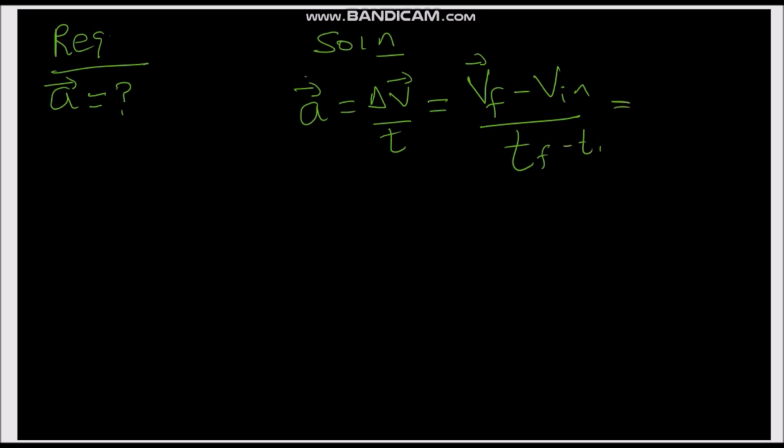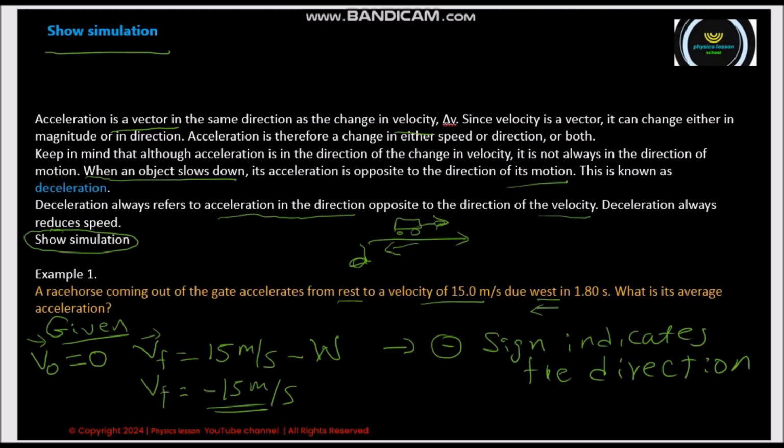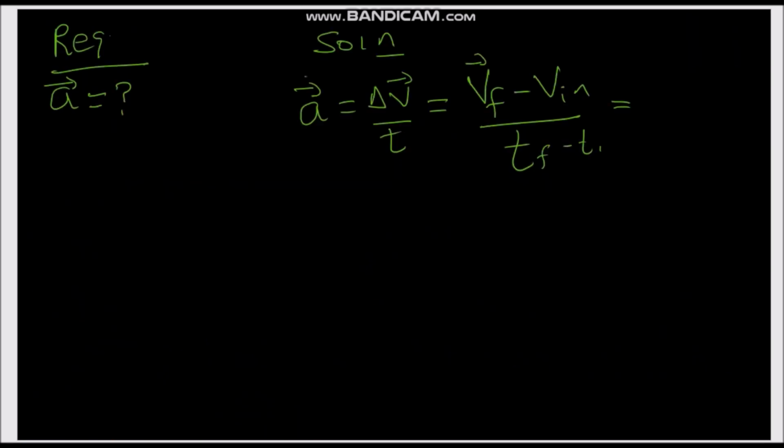Already it's given, the total time is included: 1.8 second. Here let me write, t is equal to 1.8 second. Now substitute all the values.